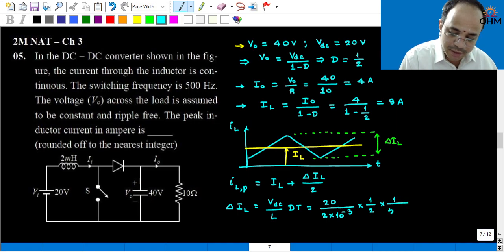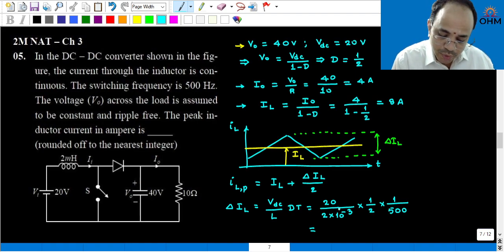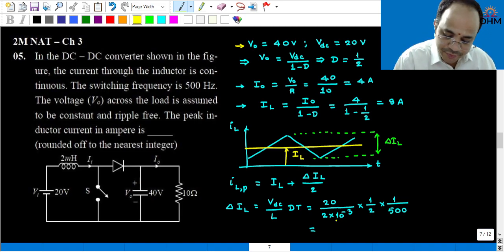Cycle time will be 1 by 500 hertz. By simplification, this 2 cancels here, and this 10 power minus 3 and 1000 will cancel.